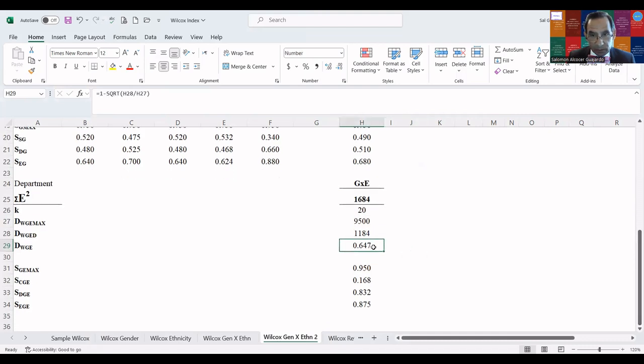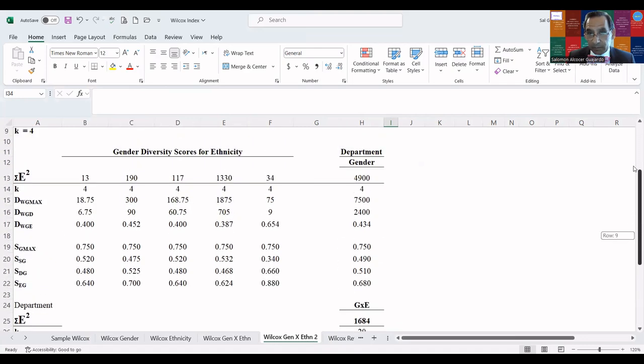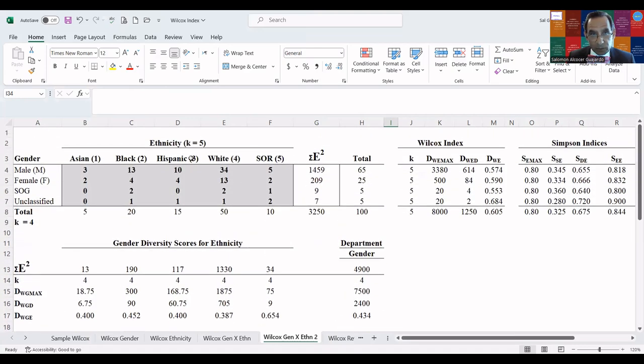Again, that Wilcox score is smaller than the Simpson score, because you're subtracting 1 from the square root of a product. So that's how you apply the Wilcox score to the contingency table for ethnicity by gender.